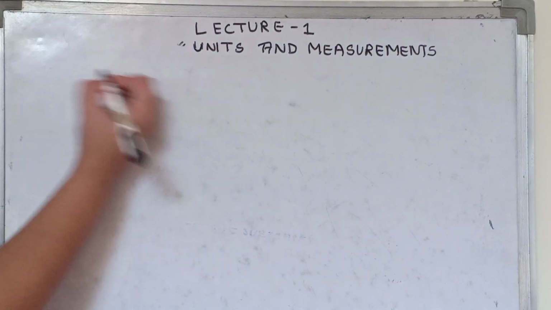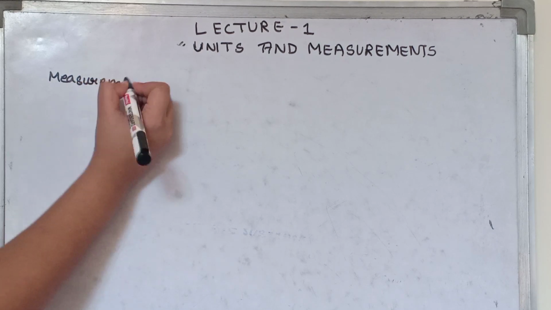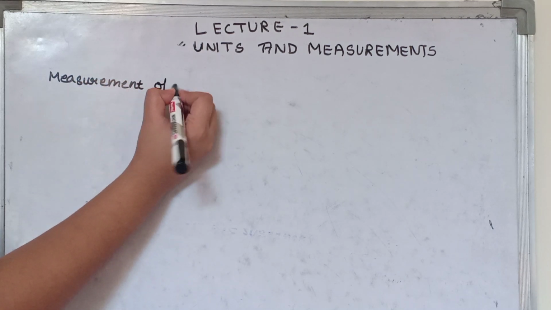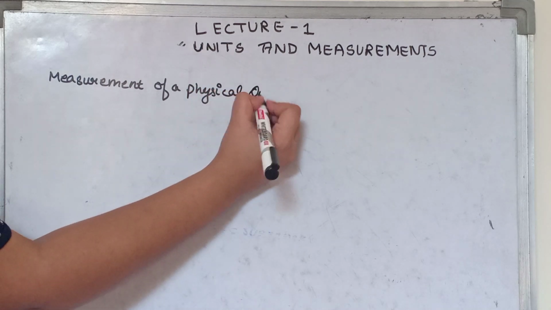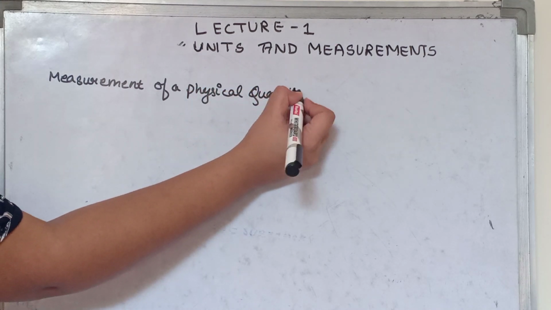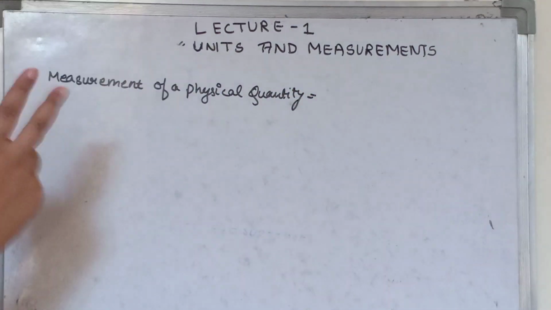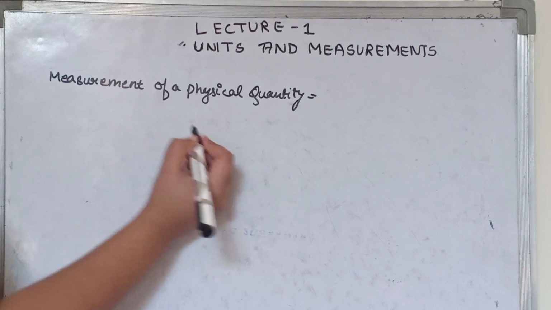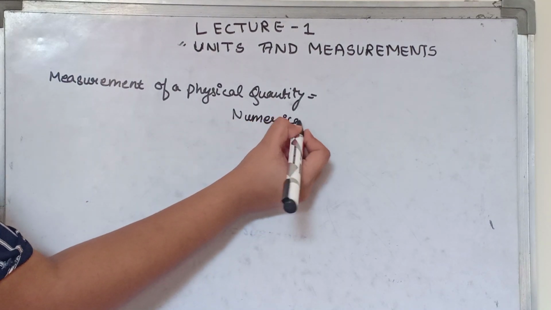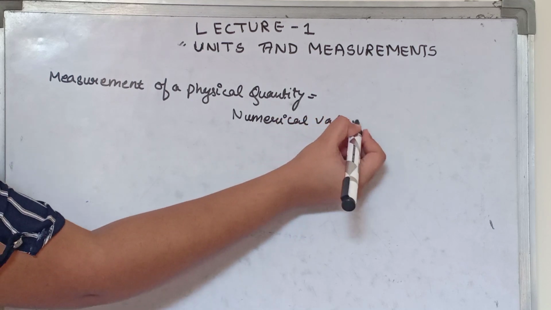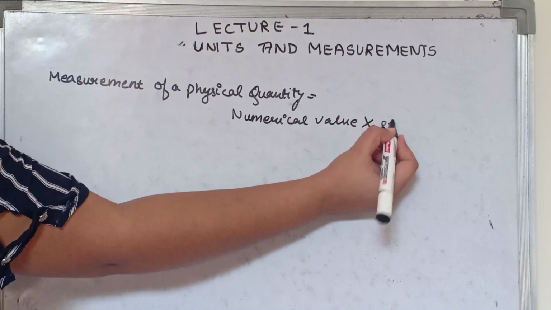The general measurement of a physical quantity can be done by the multiplication of two things: the numerical value multiplied by the size of the unit.